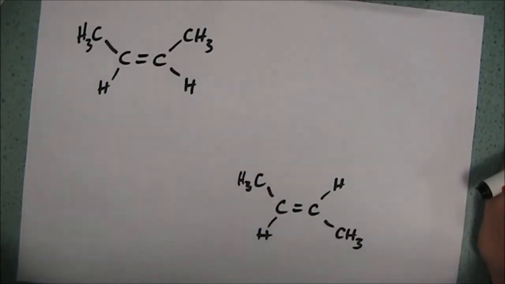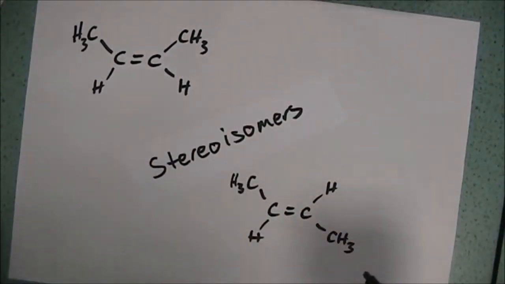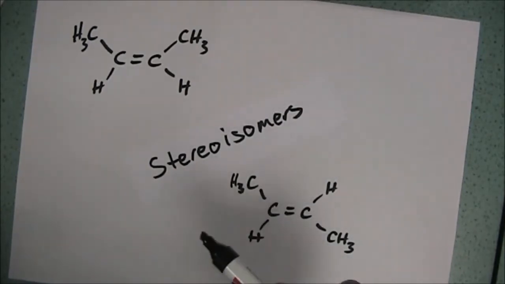So we call these stereoisomers, and stereoisomers are molecules which have the same structural formulae but different arrangements in space.